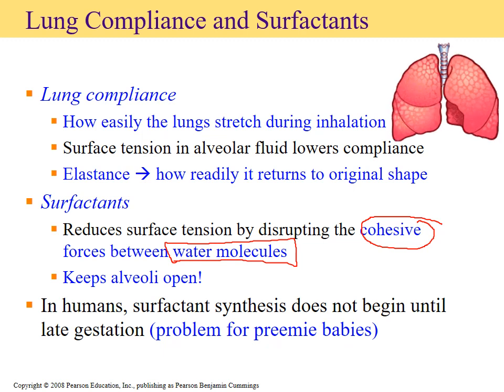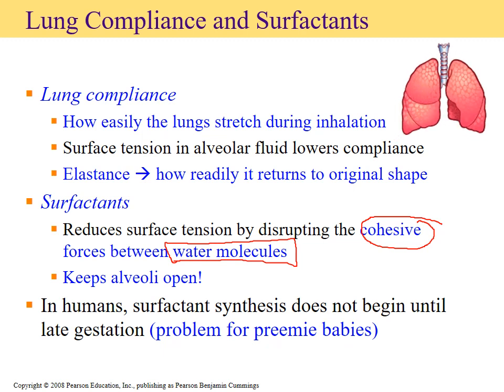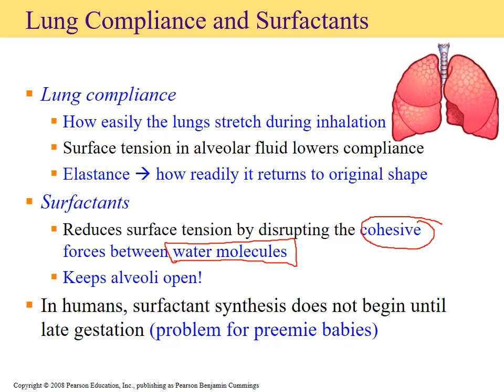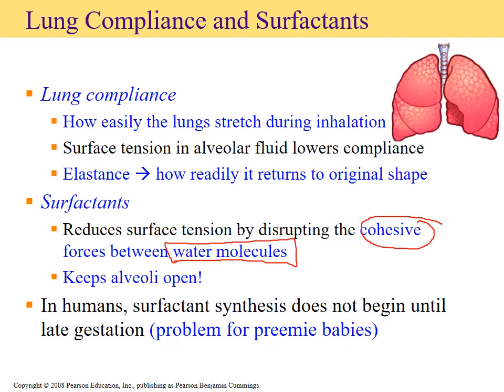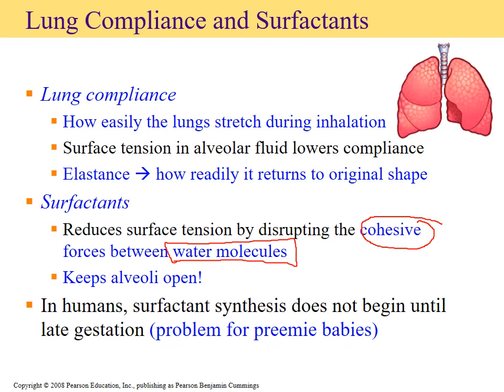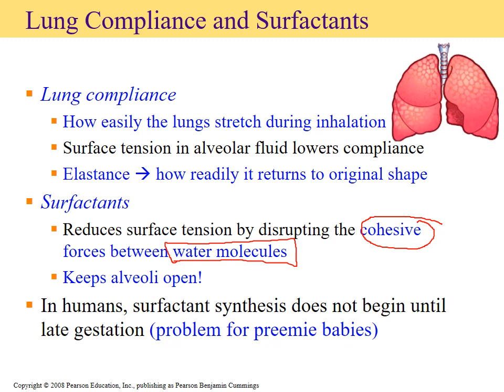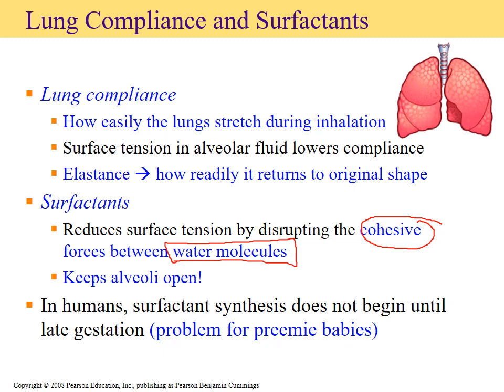In fact, the surfactant is so important that that's one of the main issues that we come across with preemies, because babies rely on their mother's oxygen and carbon dioxide gas exchange while they're in utero. What we see happening is that their lungs do not fully develop, and surfactant isn't produced until a few days to weeks before childbirth occurs.